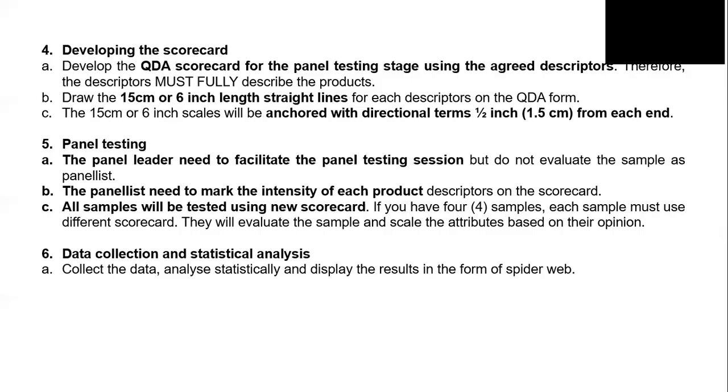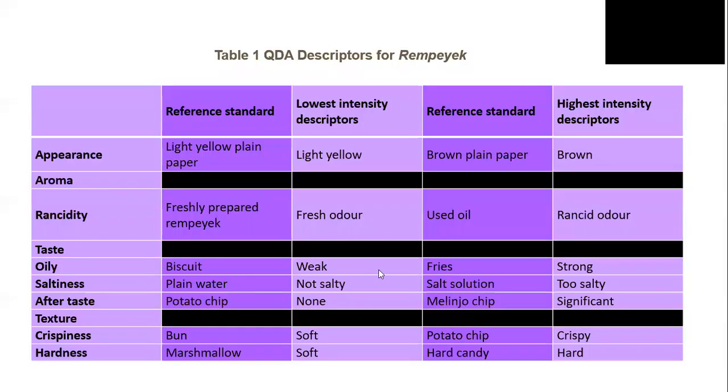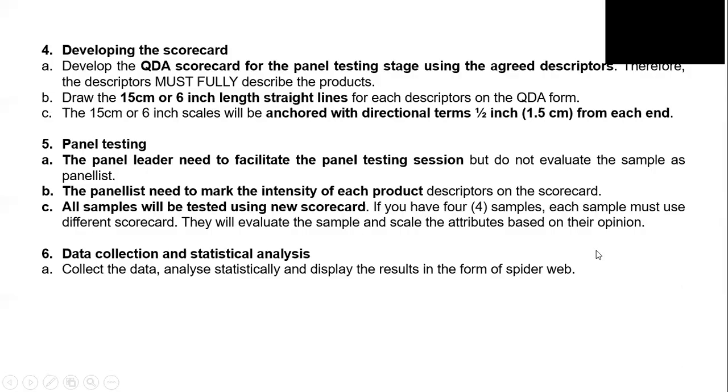Remember, the lowest intensity on the left, and on the right hand side will be the terminology for the highest intensity. All right. So now we already have the sensory form. What next? It might be on the next day. It depends. That's why I said this QDA takes a long time.